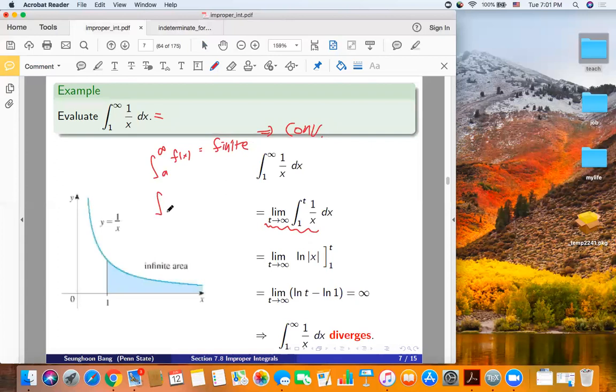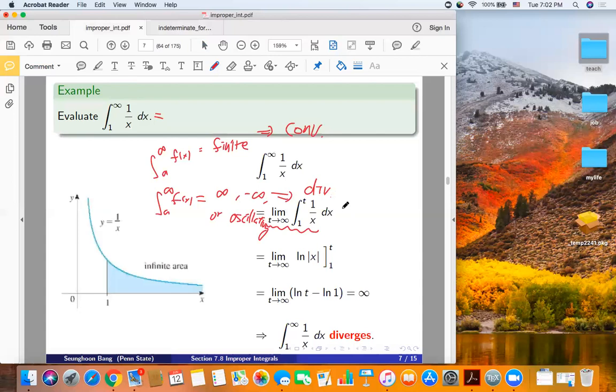If the improper integral is infinity minus infinity or oscillating, something like that, what does it mean? The improper integral is divergent. This is the exact meaning of convergent or divergent for an improper integral.